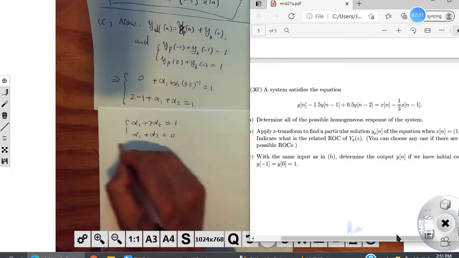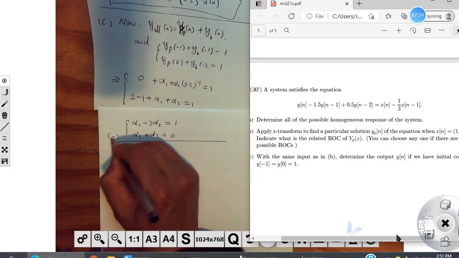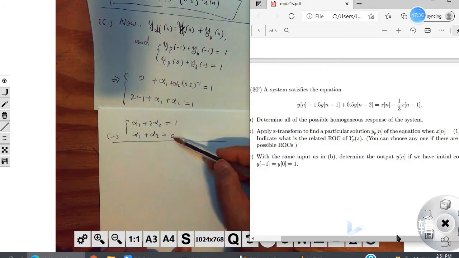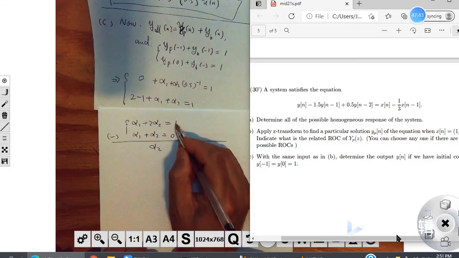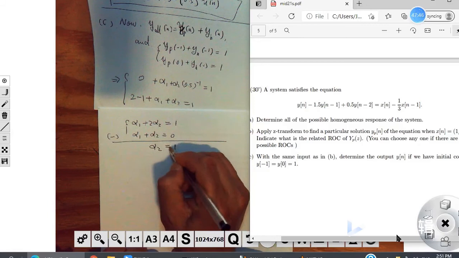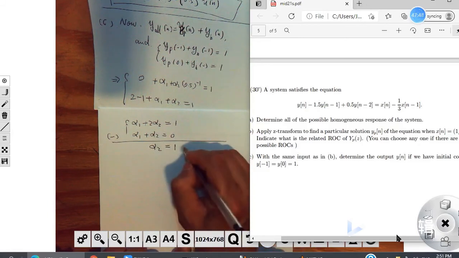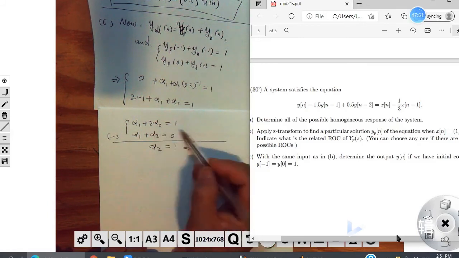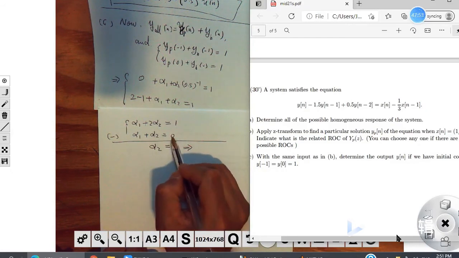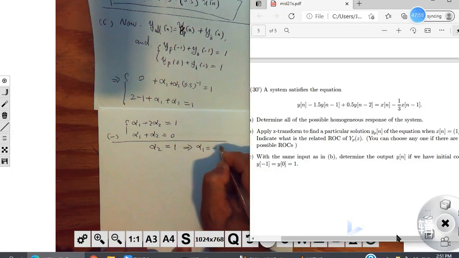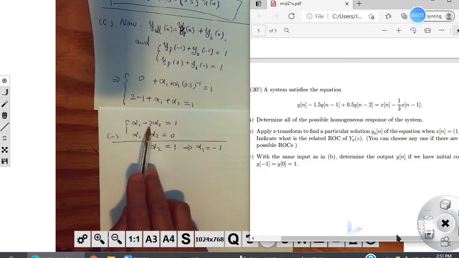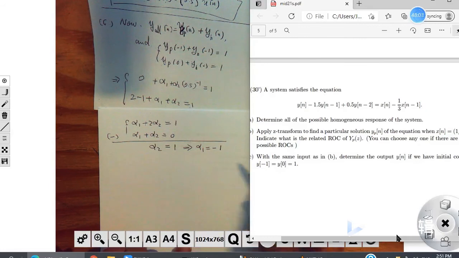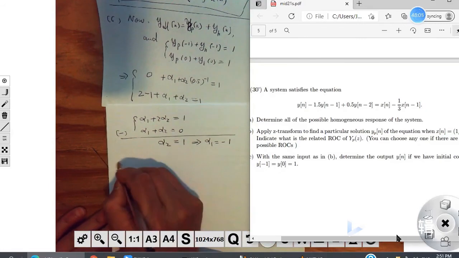Then I just subtract these two: the first one minus the second. Alpha 1 minus alpha 1 gives nothing, 2 alpha 2 minus alpha 2 gives alpha 2, and 1 minus 0 is 1. So alpha 2 is 1. Then alpha 1 plus alpha 2 is 0, so alpha 1 must be negative 1. You can also use the first equation: alpha 1 is 1 minus 2 alpha 2, still negative 1.